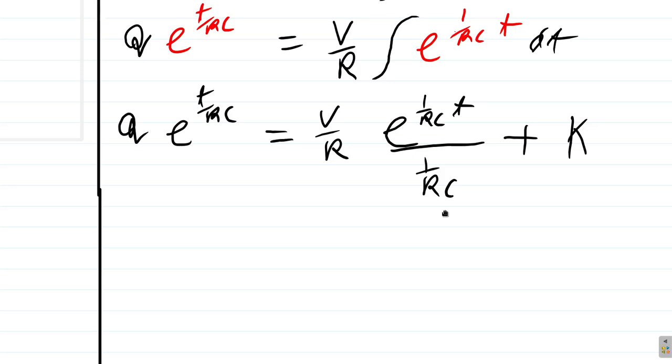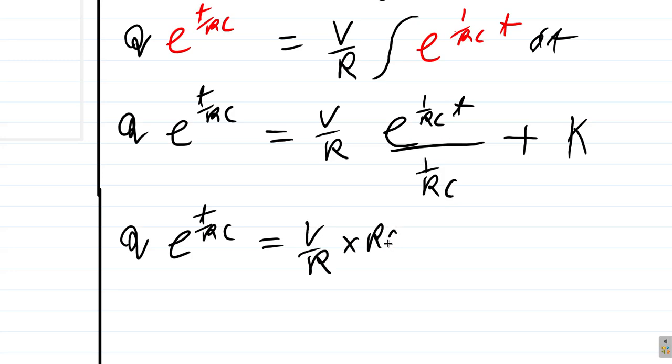Now, let's rewrite this part here. So what we have is q e to the t over rc equals... remember, when you have something divided by a fraction, it's the same as that thing multiplied by the reciprocal of the fraction. So v over r divided by 1 over rc is the same as multiplying by rc over 1. E to the t over rc, I separated the t from the 1 over rc to show the constant clearly before, plus k.